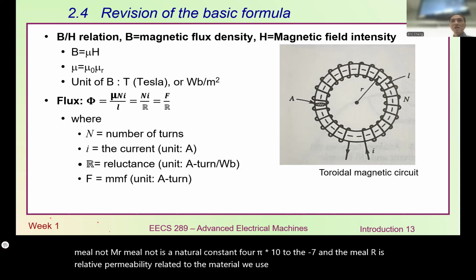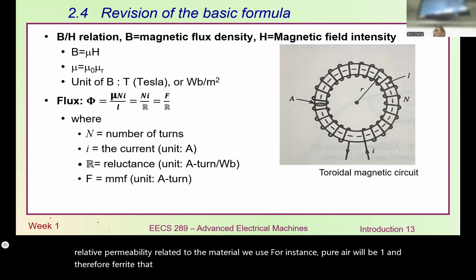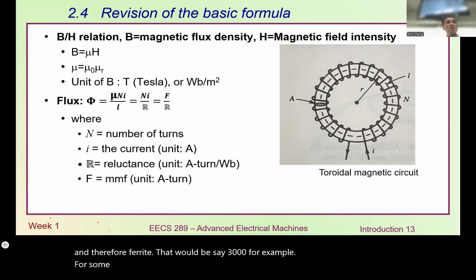For instance, pure air will be 1. For ferrite, that would be, say, 3,000. For some powder iron cores, that can be 100, 200. For some micro ferrite material, you can go up to 10,000.